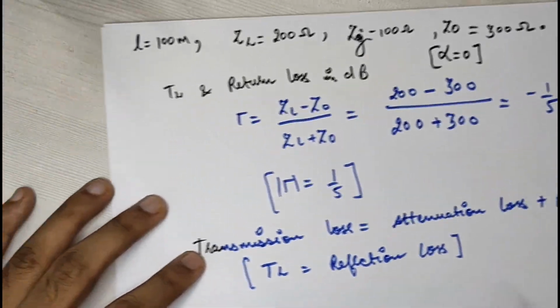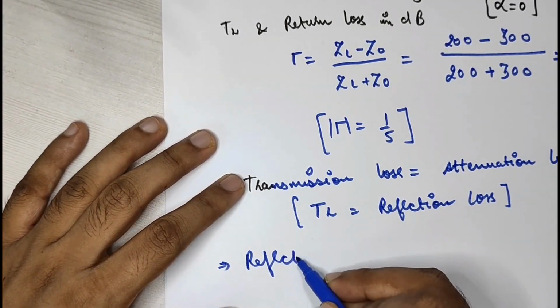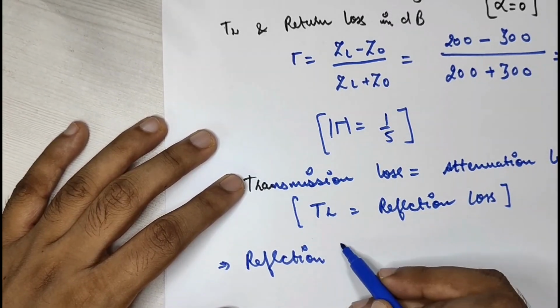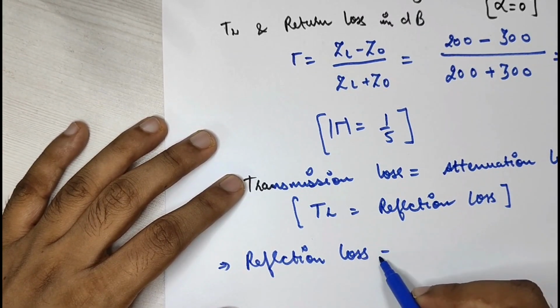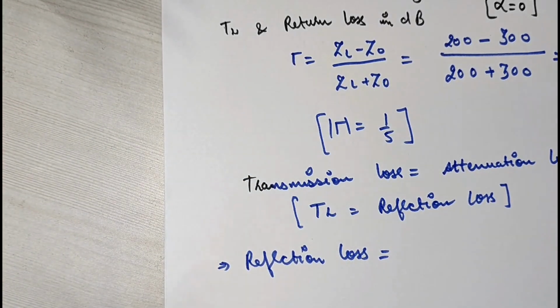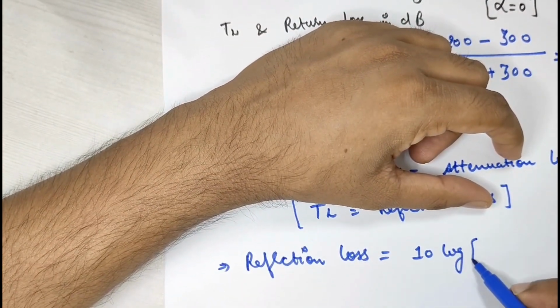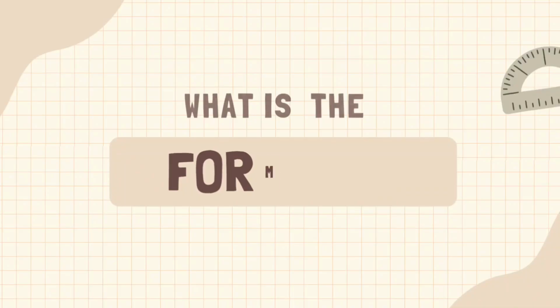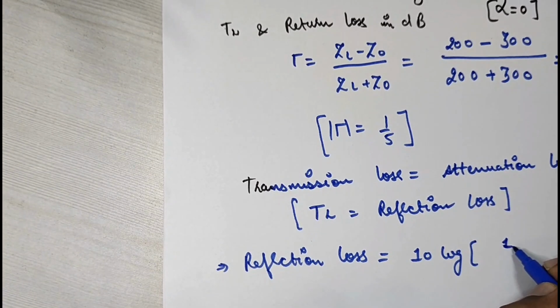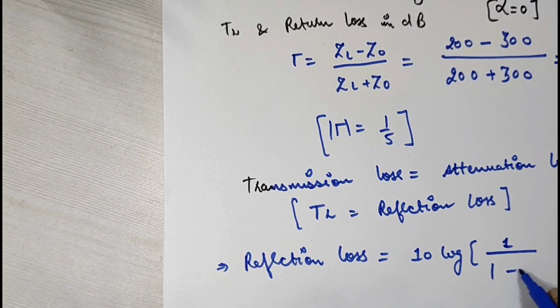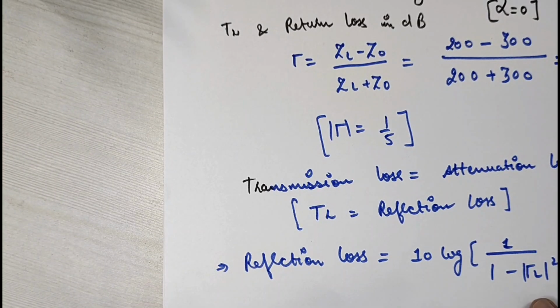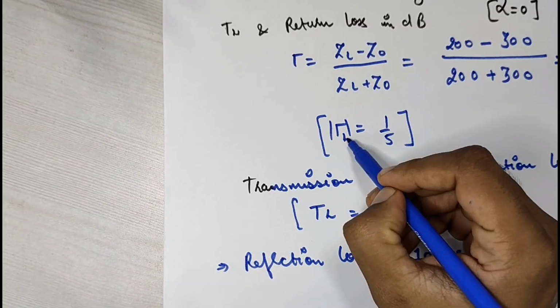Reflection loss, what is the formula? That is nothing but 10 log 1 upon 1 minus the square of the reflection coefficient at load.